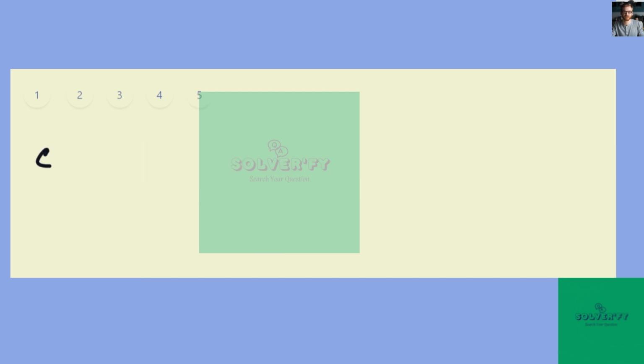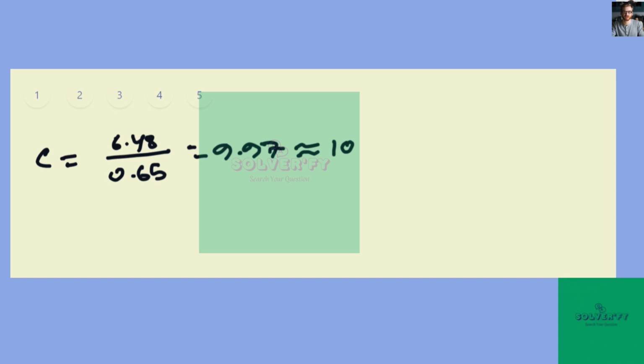So the ratio for carbon will be 6.48 over 0.65, which will give us a value of 9.97. But we are looking for a whole number ratio, so we will consider this 9.97 as approximately 10.